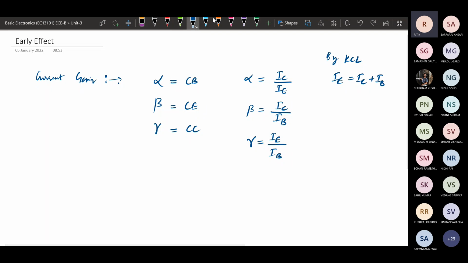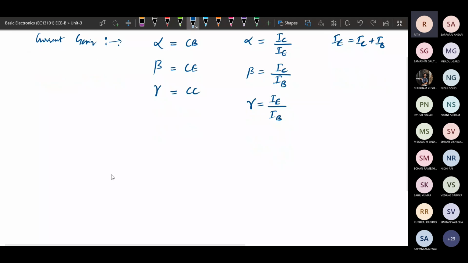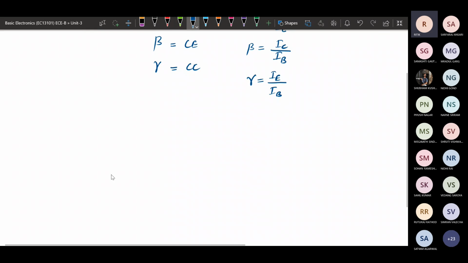In the early effect, basically there are two different effects. One is base width modulation, because of the early effect, base width modulation takes place.